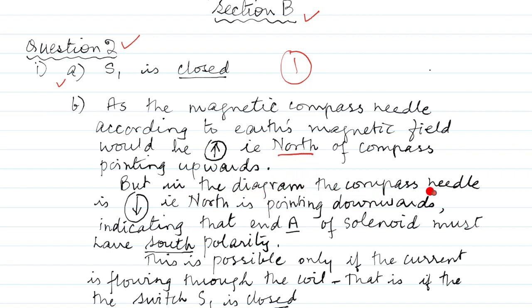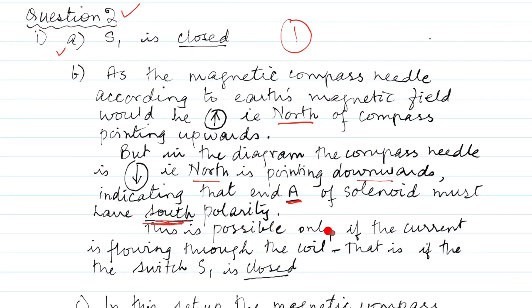But in the diagram, the compass needle is like this, which means north is pointing downwards, indicating that A of the solenoid has already acquired south polarity. Now this is possible only if the current is flowing through the coil. That means the switch S1 is closed. So we'll give you your 1 mark.